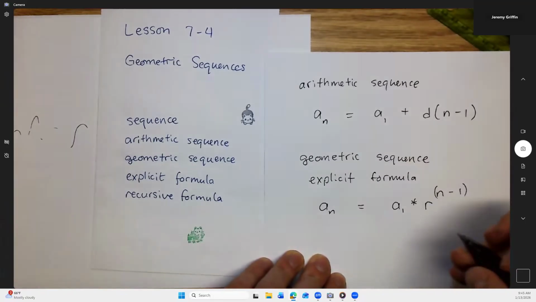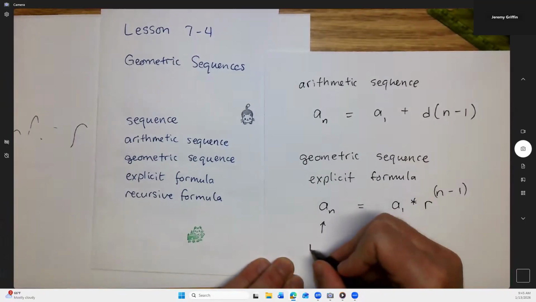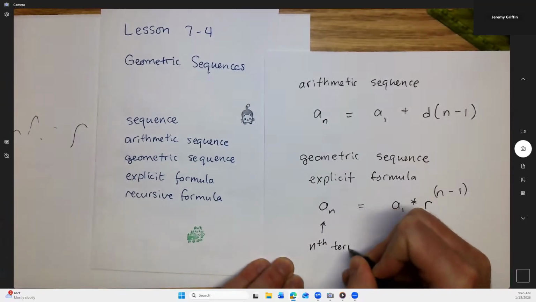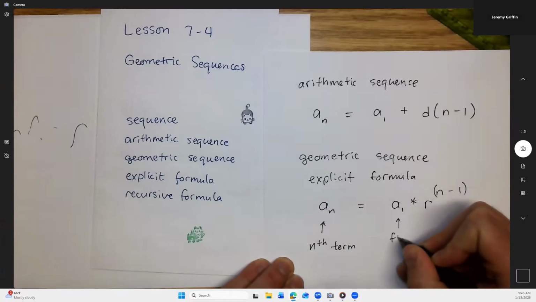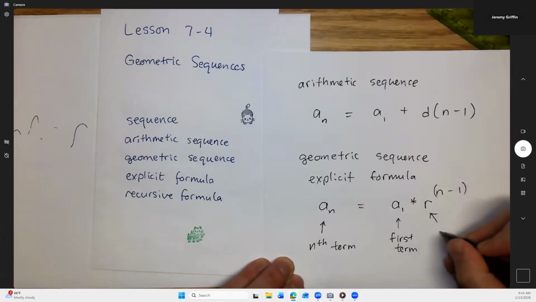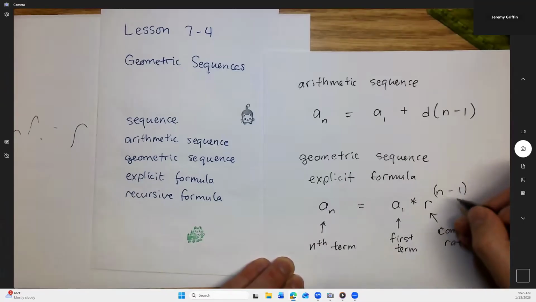Here I'll spell this out. This is the nth term. This is the first term. This r is what's called the common ratio. And n is the term number.